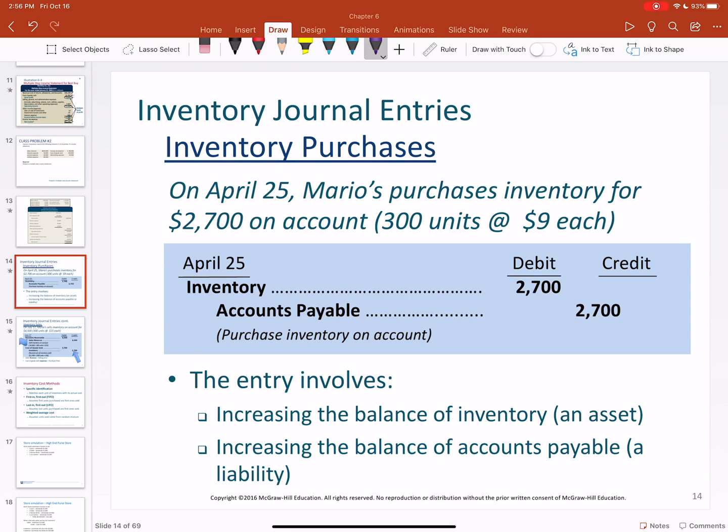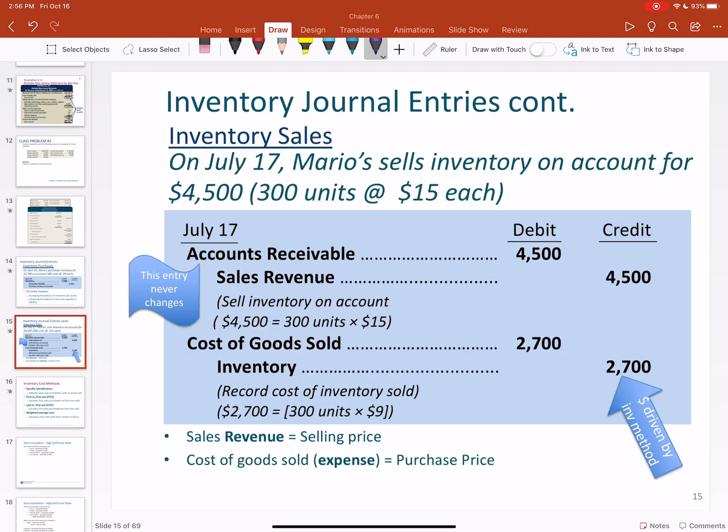So remember, when I purchase units, I'm simply going to increase the asset called inventory, and I'm going to increase accounts payable or decrease cash, however I choose to pay for the balances. When I sell my things, the first part of the entry doesn't change based on inventory method. It's always the same.